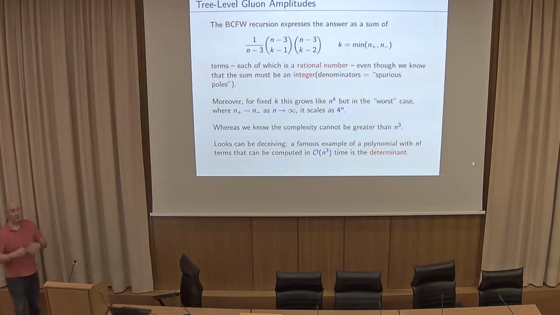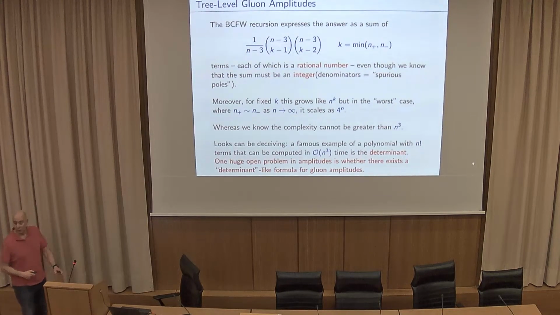So if you have a random polynomial, it's very complicated to evaluate it. But certain very special polynomials do much better. And one huge open problem in scattering amplitudes, now that I've started phrasing things in this way, is: is there a formula for the tree-level scattering amplitudes of gluons that is like a determinant?